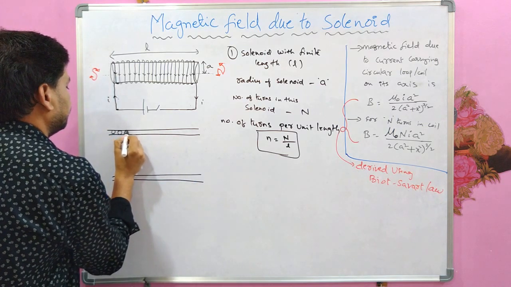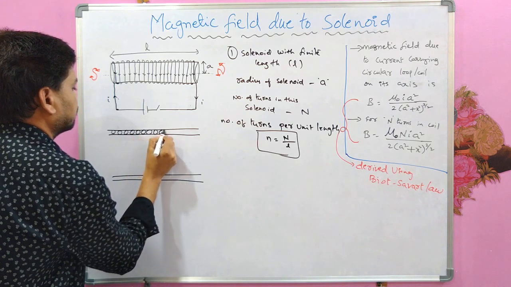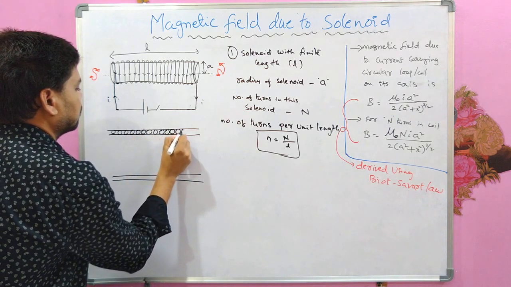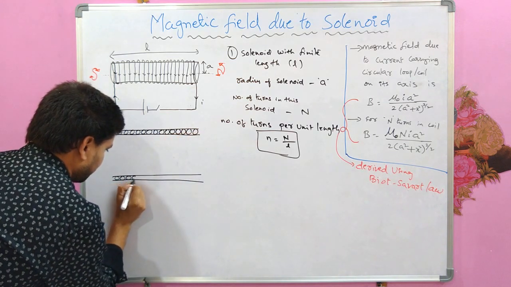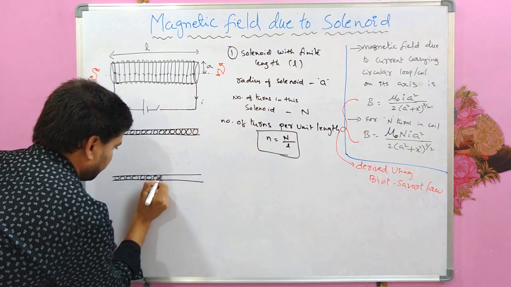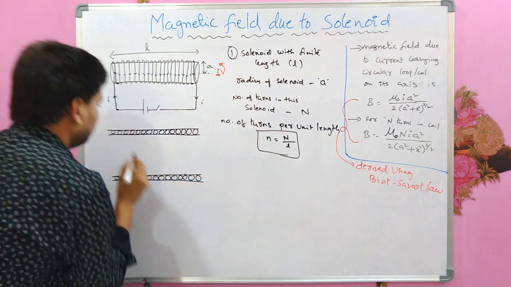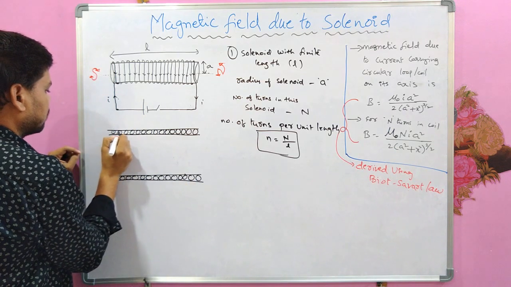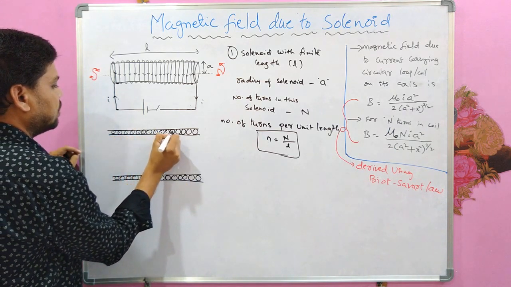I am just trying to give you an enlarged picture of it. These dots represent the direction of the current.